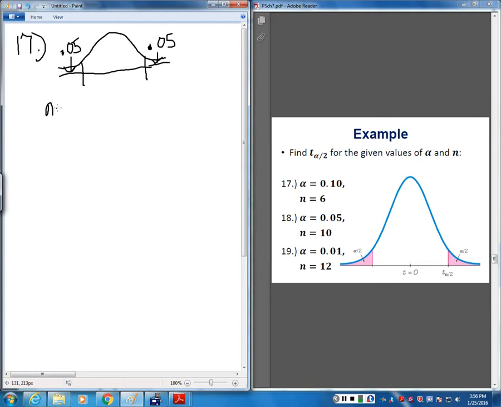Since the sample size is 6, that means the degrees of freedom, which is n minus 1, is going to be 5.